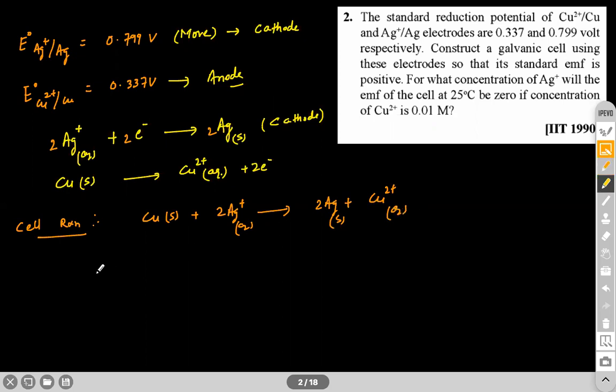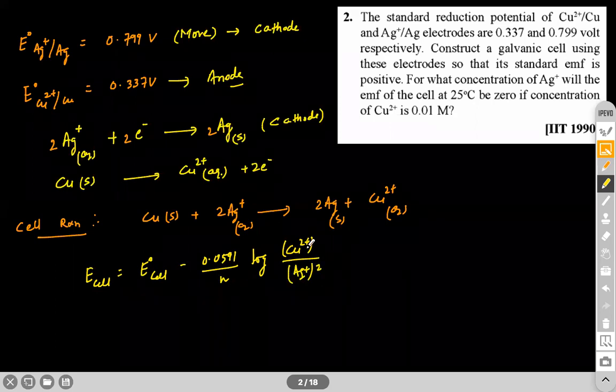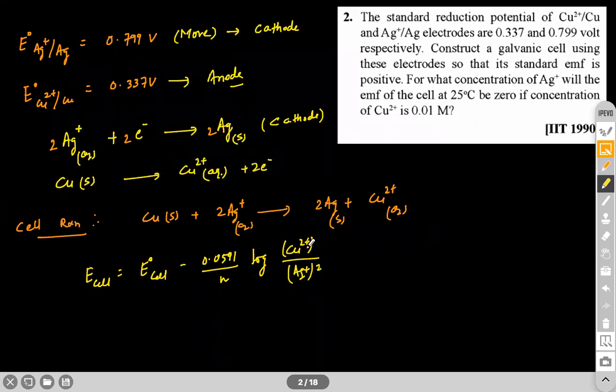Now, when you apply the Nernst equation to this, E cell is equal to E naught cell minus 0.0591 by n log of the concentration of Cu2+ by the concentration of Ag+ squared. Okay. Now, what is given in the other set of data?